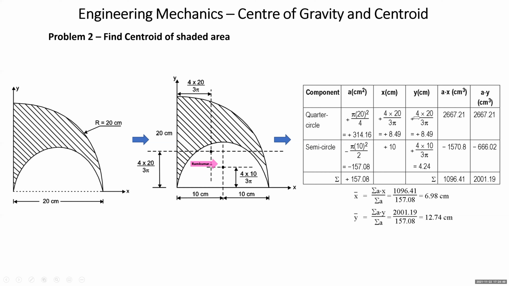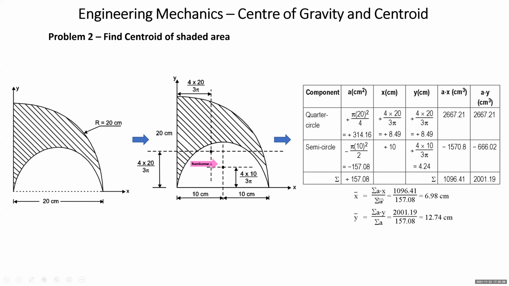A, x and y are obtained. A into x in this column, A into y in the next column. Do the summation of this column, you'll get summation A, A1 plus A2. Do the summation of this column, you'll get summation AX, or A1 X1 plus A2 X2. This is AY, so this is summation AY.